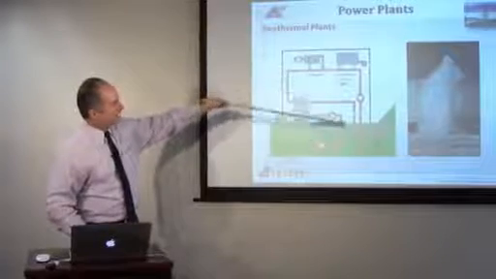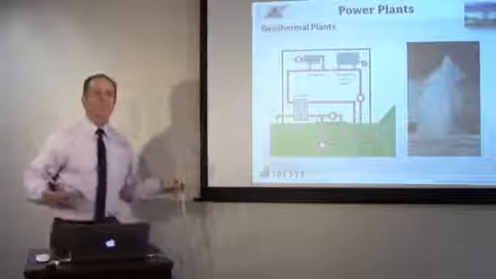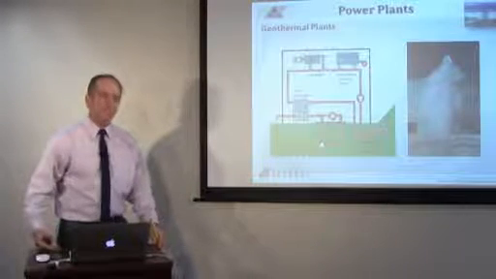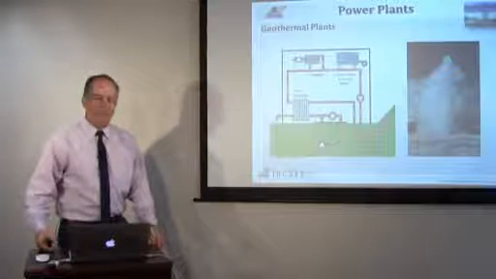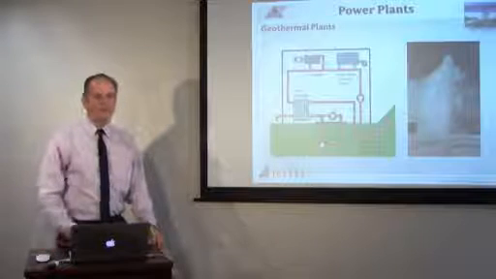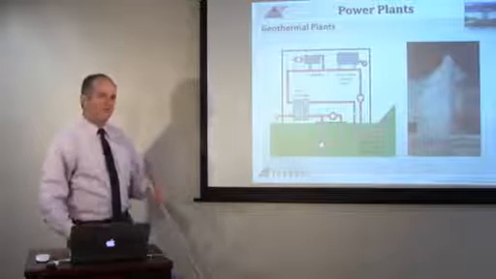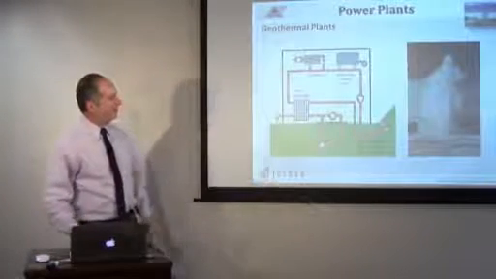And then you can actually use some of that steam to operate some of the plant, some loads. For example, paper mills need steam to manufacture paper, or fish farms to keep the water at a certain temperature for growing fish. So you might use that steam for other purposes before it actually gets recycled or put back into the earth.